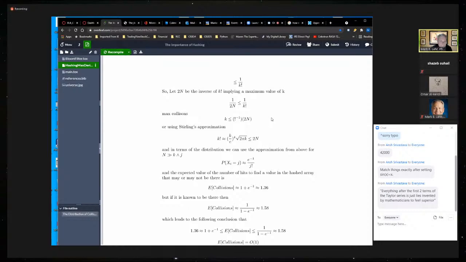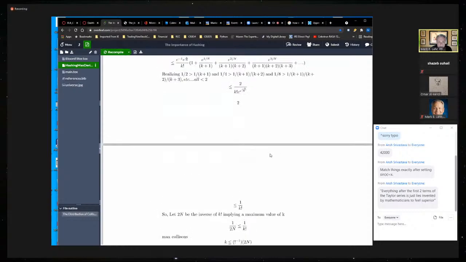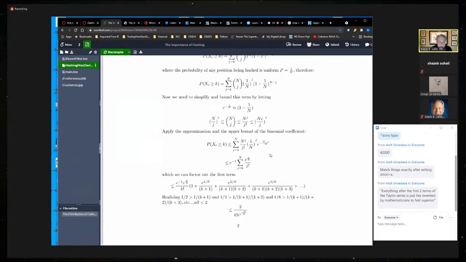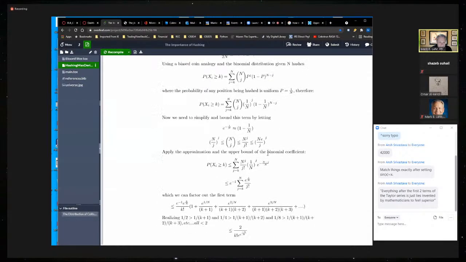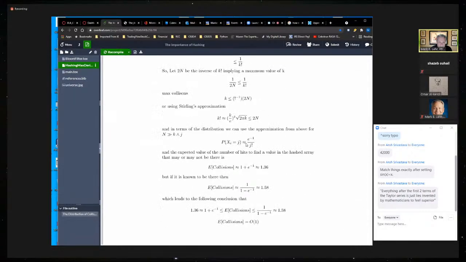Now in terms of distribution, we already calculated this when I pulled this number out. e to the minus 1, this is about 1. So e to the minus 1 over j factorial would be the approximate distribution.